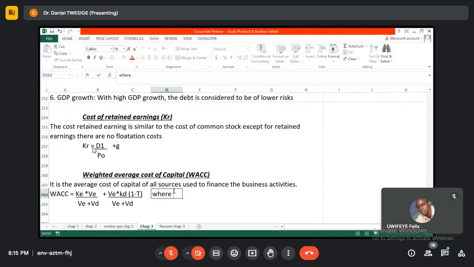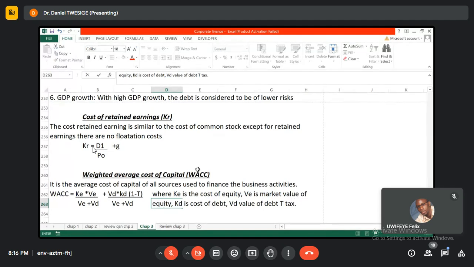KE is the cost of equity, VE is the market value of equity, KD is the cost of debt, VD is the value of debt, and T is our tax. That is one way to compute.